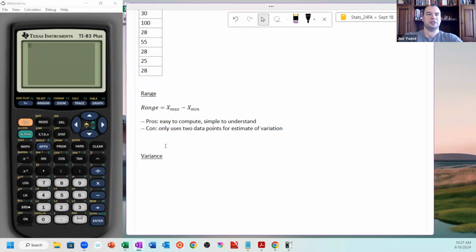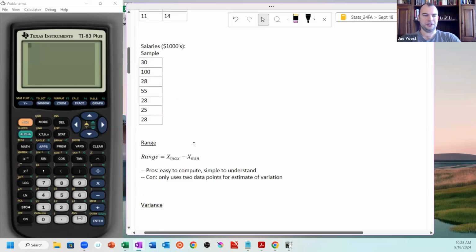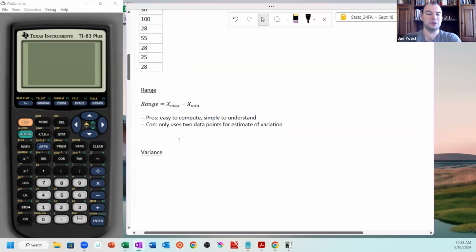The pros to this were that it's easy to compute. It's a pretty easy thing to compute by hand. 100 minus 25, I can see right away that my range is 75, and I can find the range very quickly for most data sets. If I had 10,000 data points, it might be a bit of a pain to find the max and min, but much less of a pain than really anything else I would need to compute.